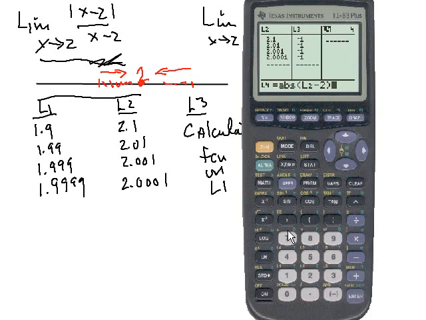Just repeat the same sort of thing, and then divide that by putting in parentheses the second list minus 2 again, and then I'll hit enter, and it calculates the value of that function on all of the elements of that second list. And now we see the value there is going to be plus 1.